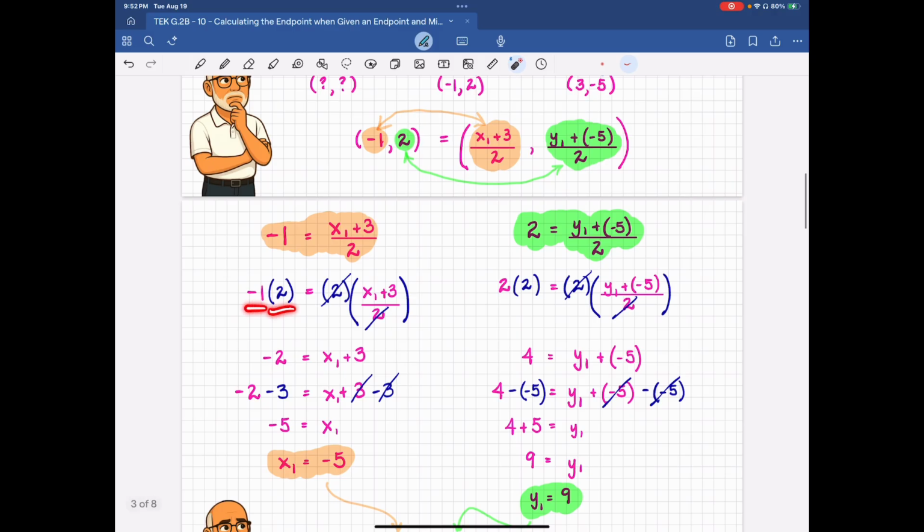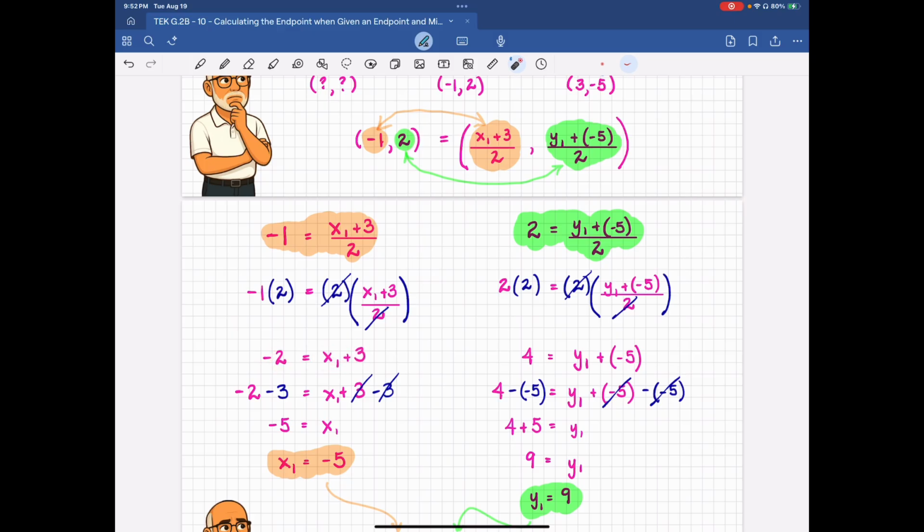A negative 1 times 2 is a negative 2, and that's going to be equal to the 2 in the denominator and the 2 in the numerator. These two cross out, and what's left is only the numerator, which is x1 plus 3. So I have negative 2 equals x1 plus 3.